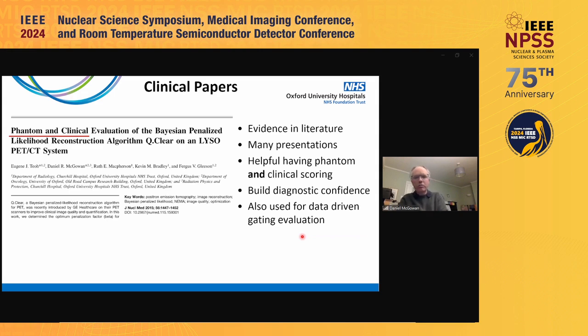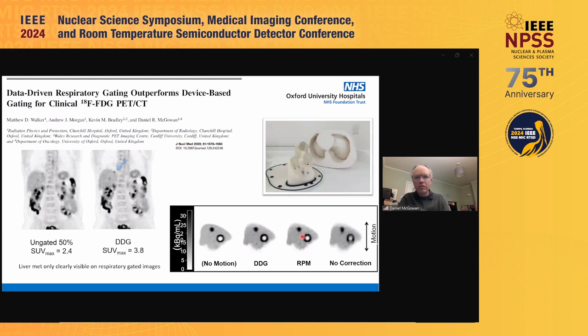And we did the same sort of approach when we implemented and tested data-driven gating. This is work Chris has been involved in quite heavily in the past. This is another algorithm from GE where we looked at a cohort of about 150 patients, retrospectively went back and looked at the data-driven gating, which is a deviceless approach, and also the RPM variant, where we put a device on the patient's chest and the patient breathes up and down.